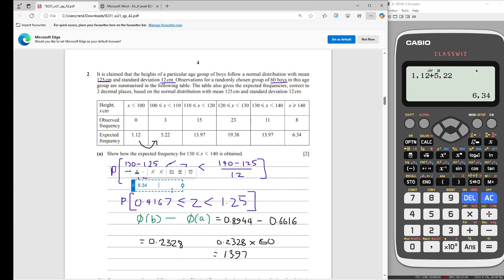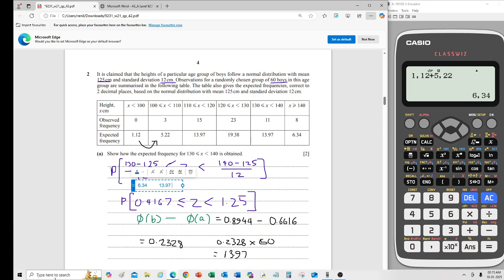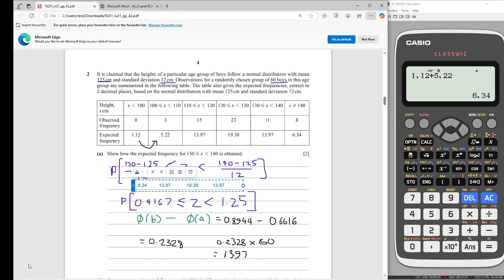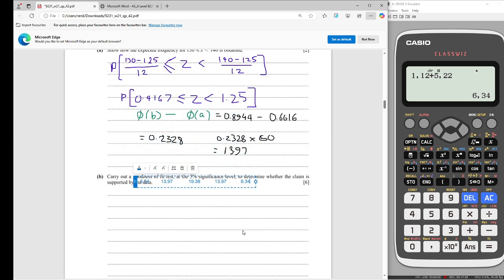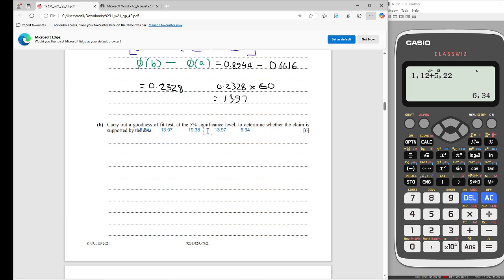Okay, and we're gonna have here 13.97, 19.38, 13.97. Oh, it's a repeat of 13.97 apparently. Okay, and 6.34. Fine. So this is basically what we need to have. Okay, this is what we're going to use. This is the basis of our calculations.